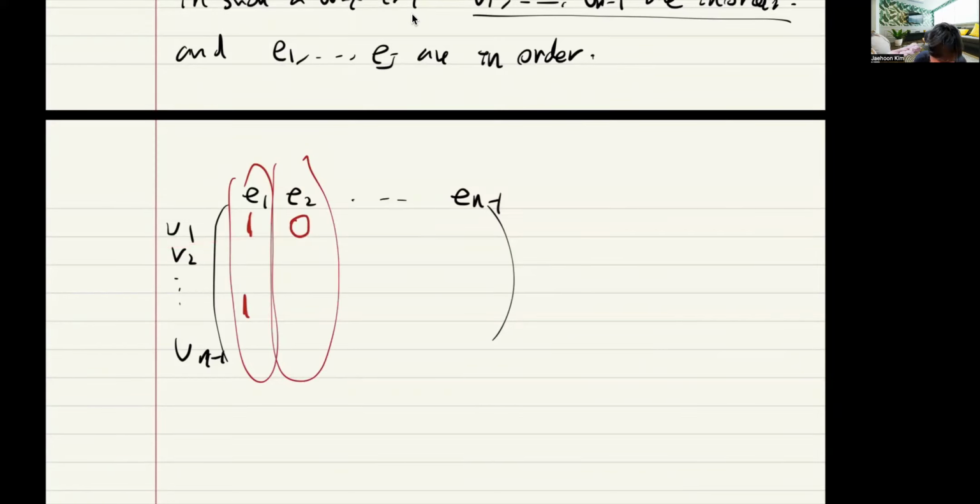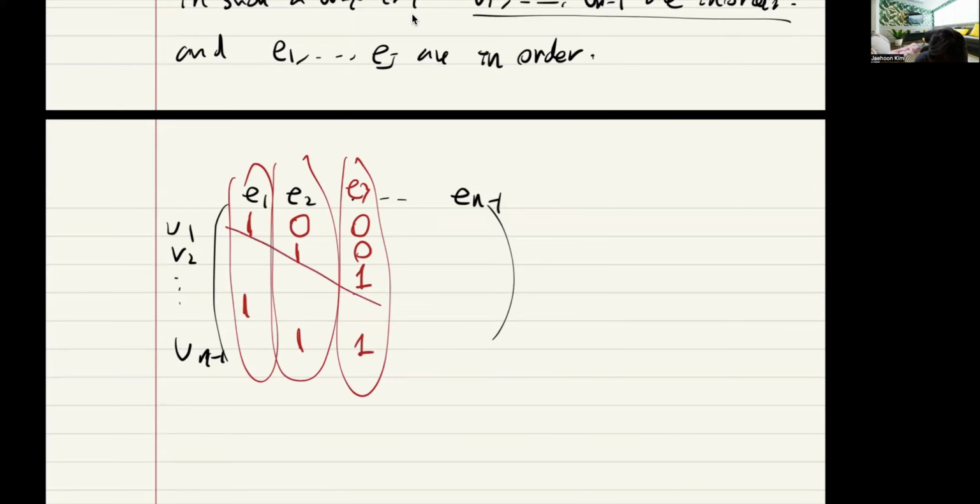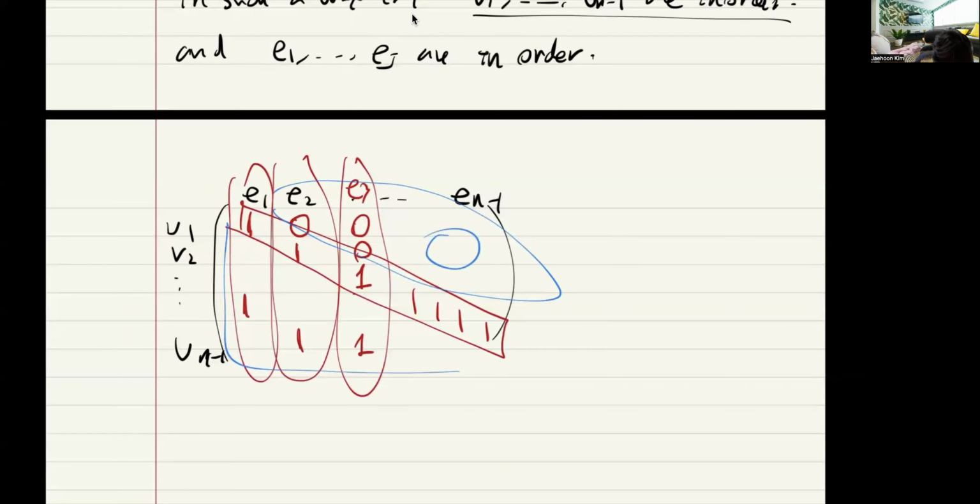It's only between P2 and some other vertex here. And then E3 is between the third vertex and a later vertex, and so on. So these diagonals are all 1. And this above part is all 0. This is lower triangular.